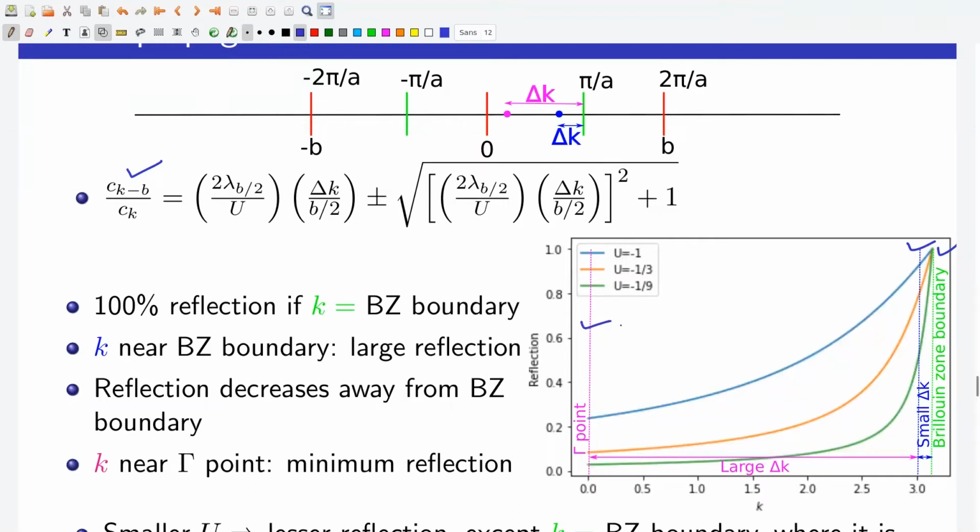Now we find that if K is exactly equal to the Brillouin zone boundary, then there is 100% reflection, as shown here. If K lies near the Brillouin zone boundary, the reflection is very large. As we move away from the Brillouin zone boundary, the reflection decreases. When K is near the gamma point, the reflection is minimum.